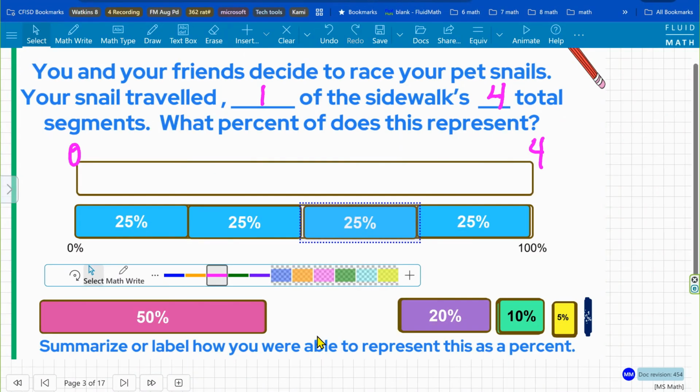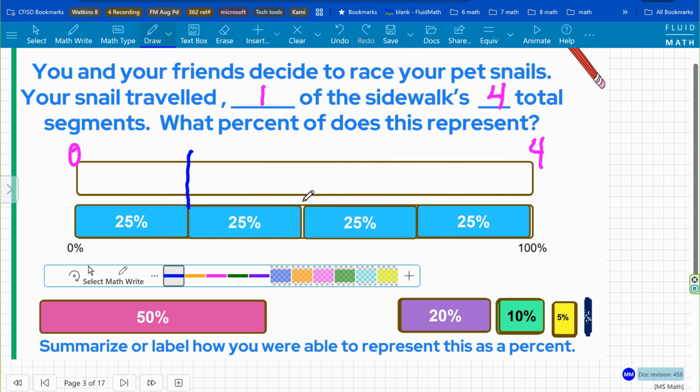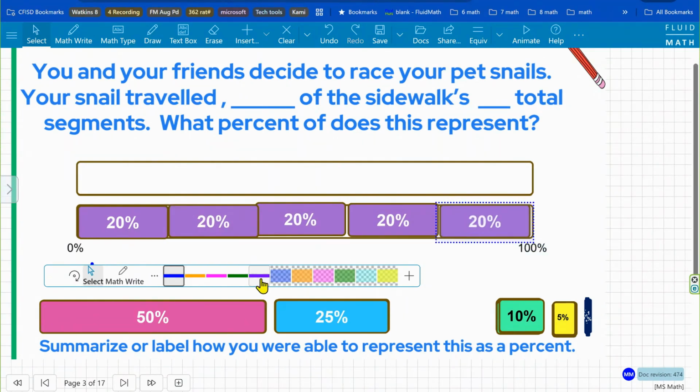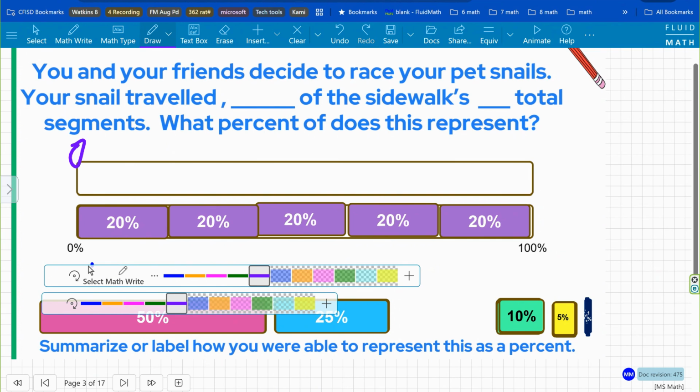Let's do the same thing with our snail race. Okay, so this would be 1, 2, 3, and 4. And I can label this 1, 2, 3, and 4. If I were to use the 20% to mark this, and I know that I'm going to go from 0 to 4, and if I see my correlation right here and number them, 1, 2, 3, 4.